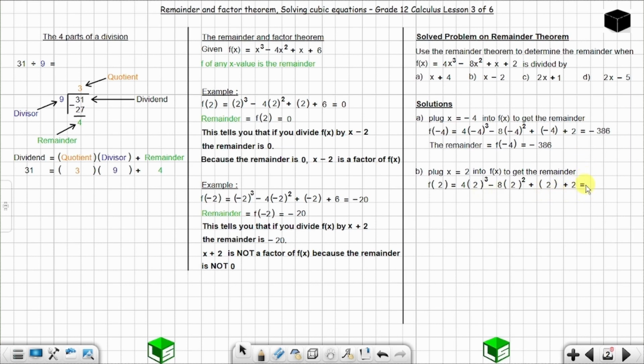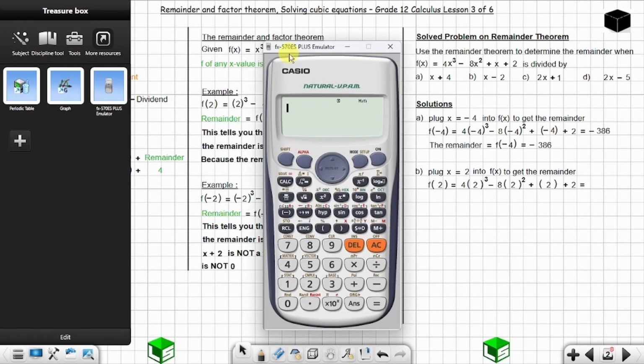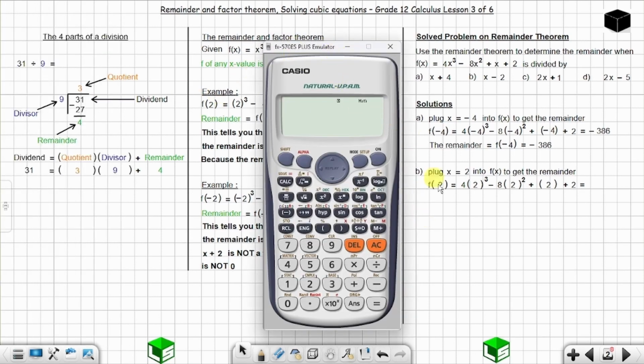The remainder is equal to, let's use our calculator again. So this is my emulator. You can use your calculator. So you have 4 times 2 to the power of 3 minus 8 times 2 to the power of 2 plus 2 and plus 2 again.